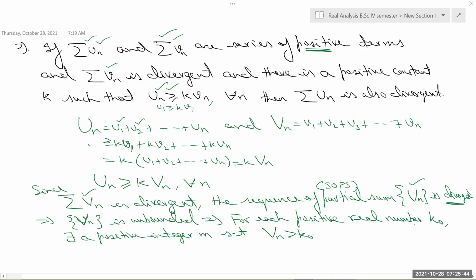In fact, there exists a positive real number k naught such that Vn is greater than k naught for every n greater than m.